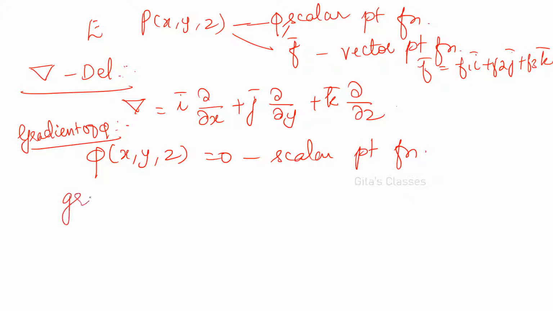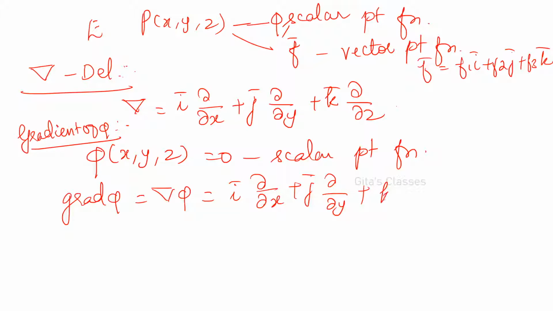or grad phi. So grad phi is del phi, that is i into dou by dou x plus j into dou by dou y plus k into dou by dou z to be applied on phi. That means for each term, dou phi by dou x, because this is a scalar point function only, it doesn't have i, j, k.